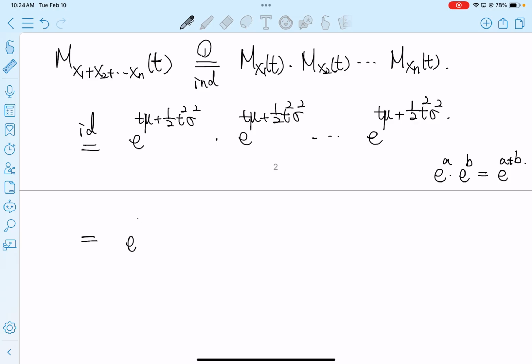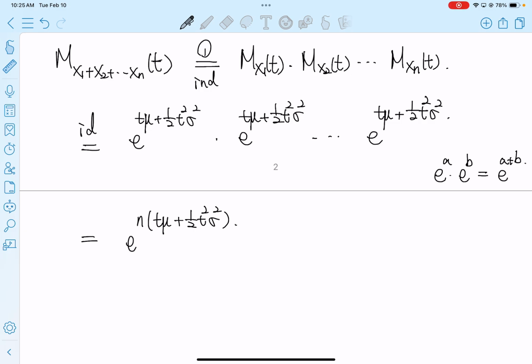You will have n copies of t multiplied by mu plus 1/2 t squared sigma squared, because they are all identically distributed and there are n copies of them. When you take the sum A plus B, essentially there are A plus A plus A, n copies, so you have n multiplied by the power.